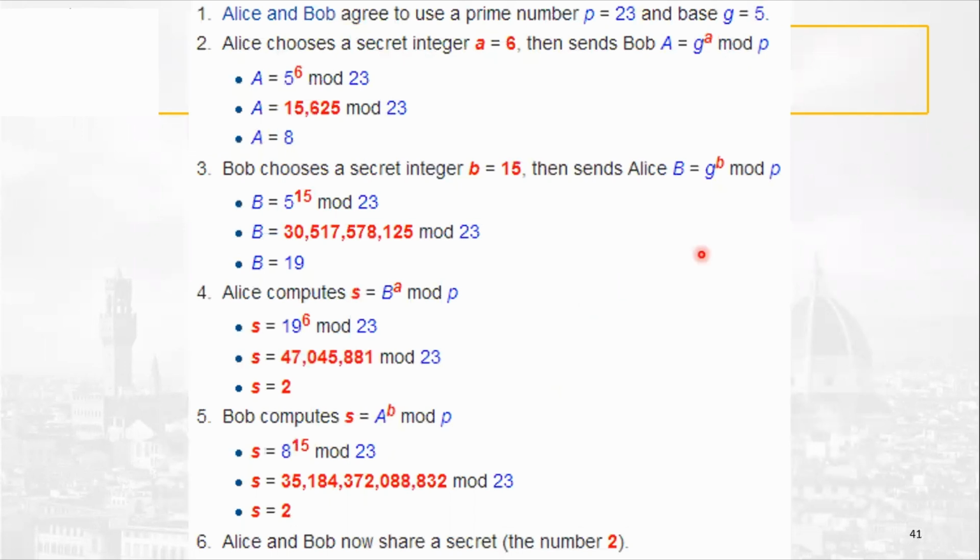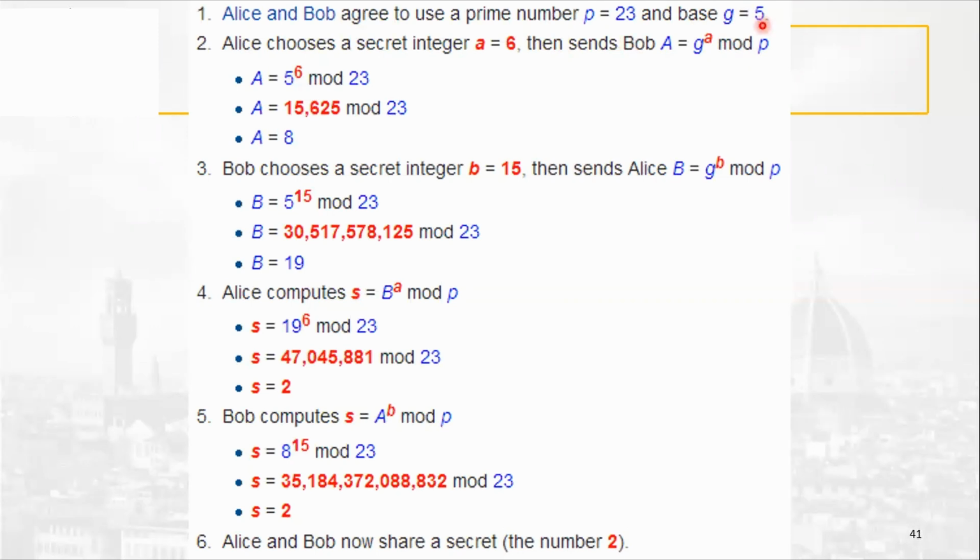So Alice and Bob agree on the prime number P as 23 and base G. Now G is treated as alpha. These are the two public parameters, 23 and 5.